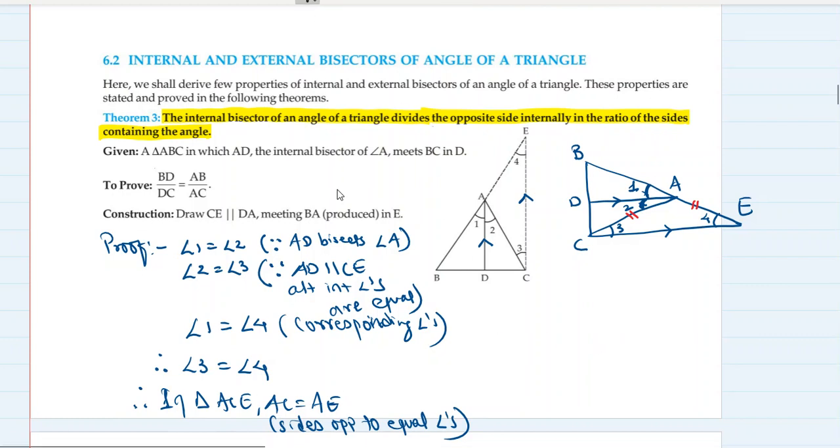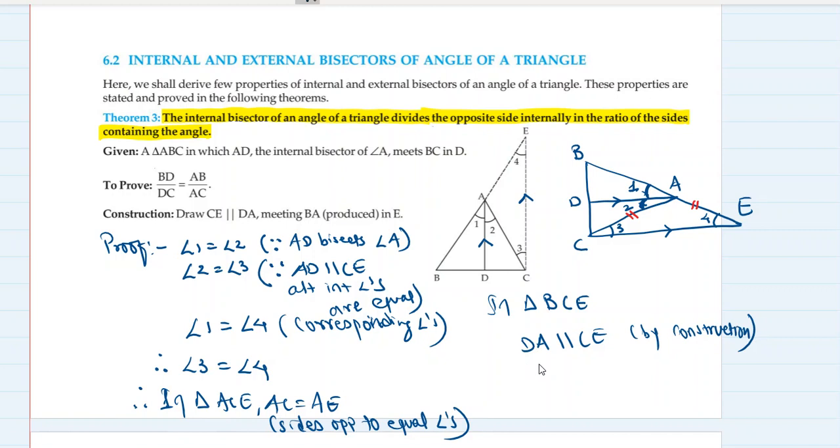What next? The next thing which I'm going to write is in triangle BCE. Now look at this figure. You can also look at the other figure, but this will be more easy for you. In triangle BCE, DA is parallel to CE by construction, right?